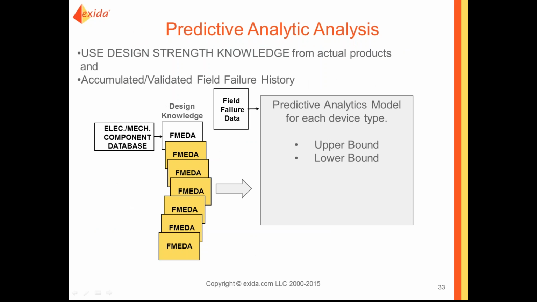From the FMEAs, at this point there's quite a few done for each product category. We can take a look at those FMEAs, use them to set lower and upper bounds, and correlate them with field data studies, the ones that are available now and others as they become available in the future.